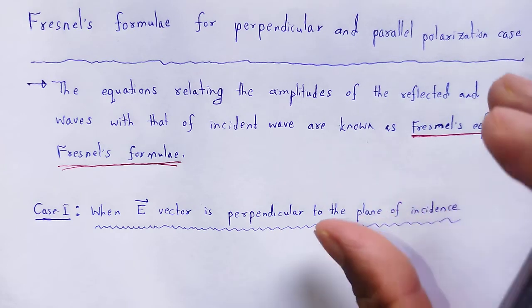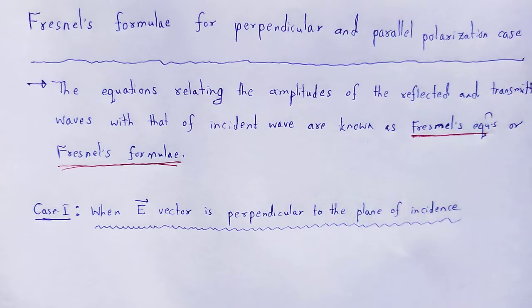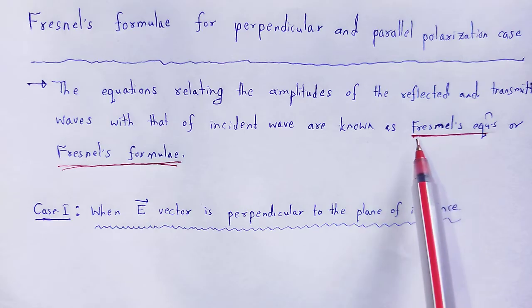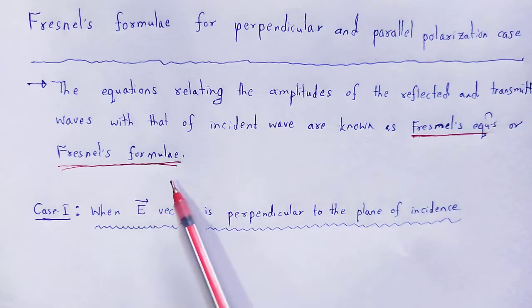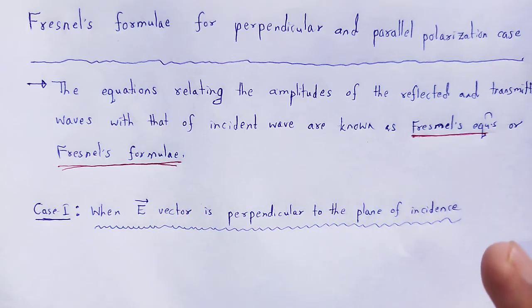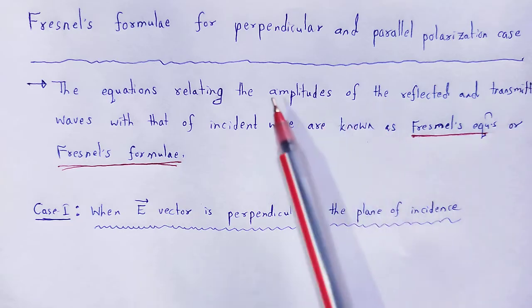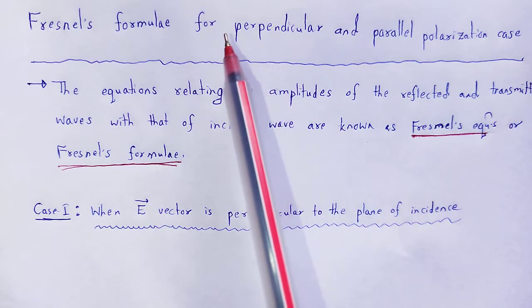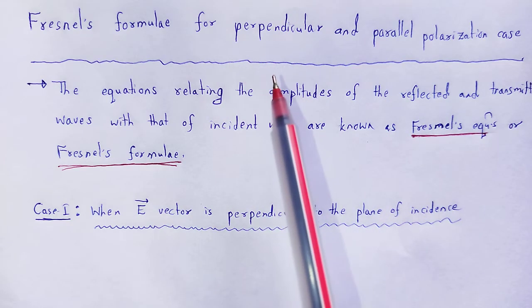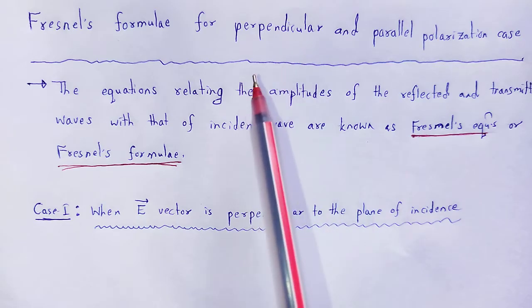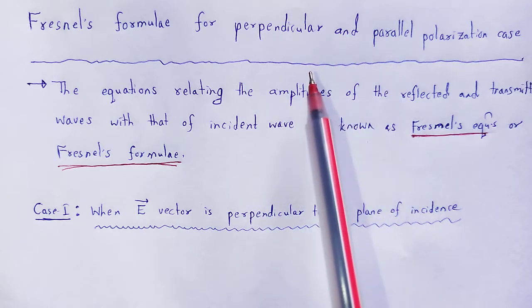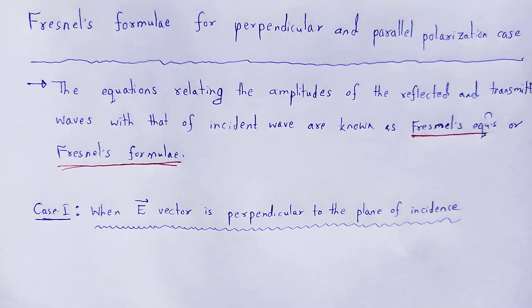Here we derive the expressions as Fresnel's formulae in two cases. One is when the E vector, the electric field vector, is perpendicular to the plane of incidence, and another case is when the E vector is parallel to the plane of incidence.